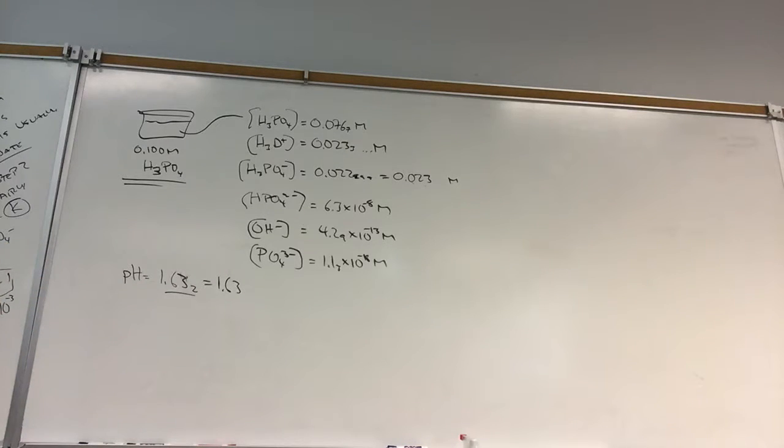Except for this one. If you're doing hydrosulfuric acid, H2S, take a look at the second step here. This one's weird because step 1 would be Ka1, step 2 would not be Ka2, step 2 would be Kw, because Kw should be more significant, 10 to the minus 14, and then the last step will be Ka2.